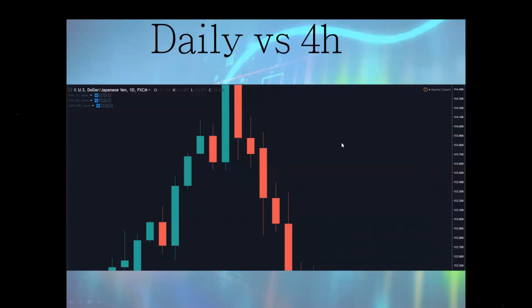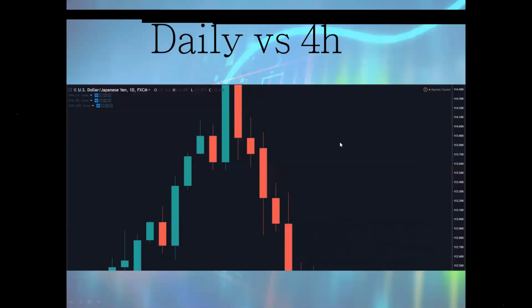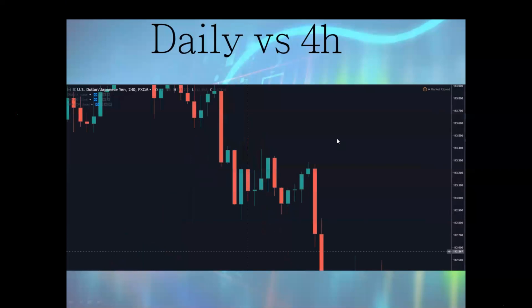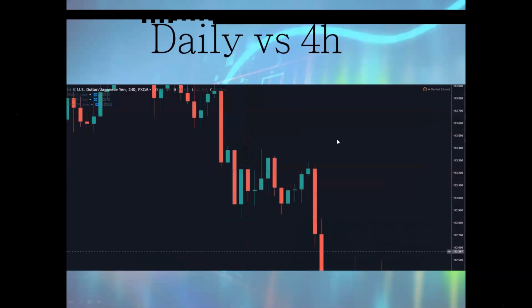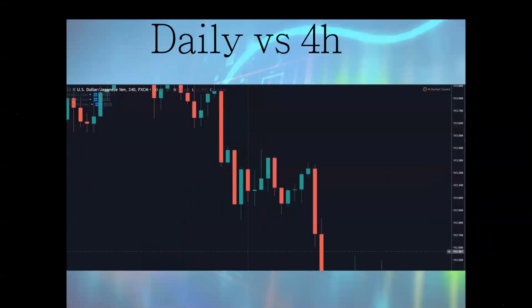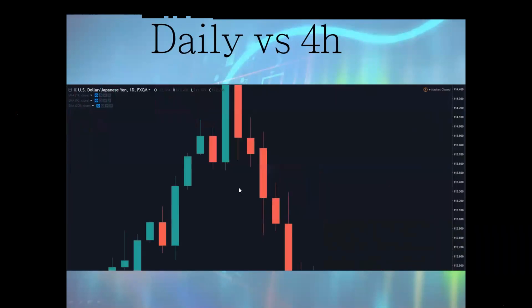So we're going to look at the 4-hour here. Here we go, there's the 4-hour chart. I guess this is what you were talking about, because now when you look at this information, we're going to focus on this information right over here.